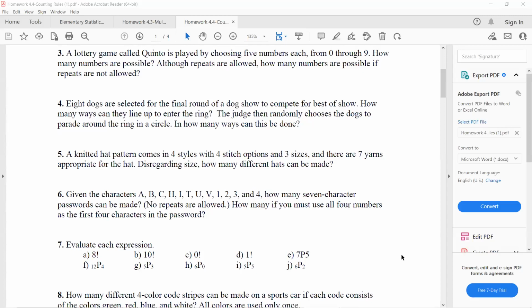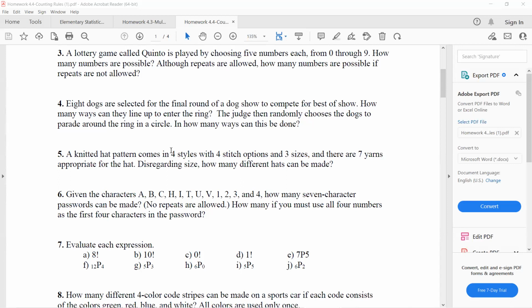Okay, let's take a look. All right, so let me share the screen here and see what's up. Is this the one you wanted to see?